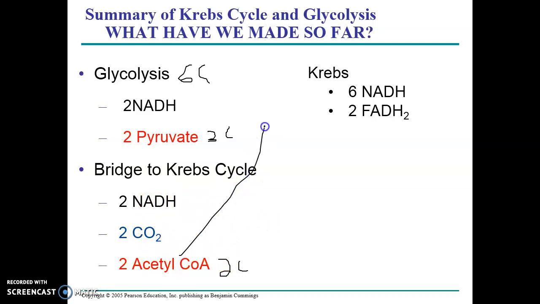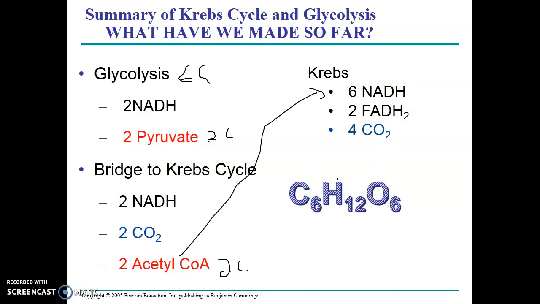Then acetyl-CoA enters the Krebs cycle. We went through the Krebs cycle in some detail, and you don't really need to know the details, but we completely oxidize acetyl-CoA into 6 NADHs, 2 FADH2s, and 4 carbon dioxides. Now, what's the point?